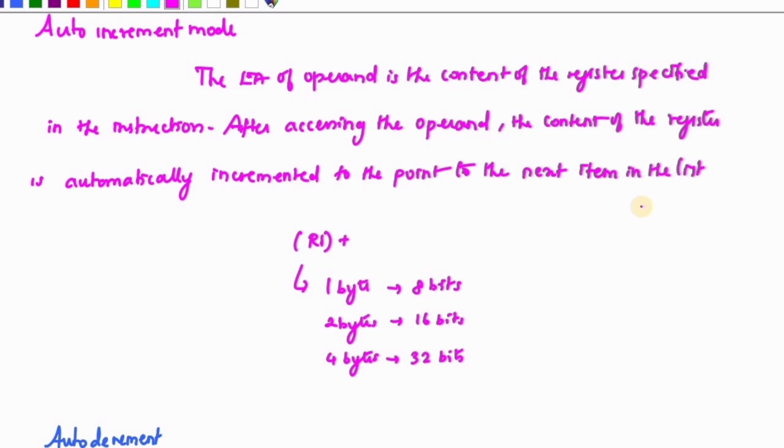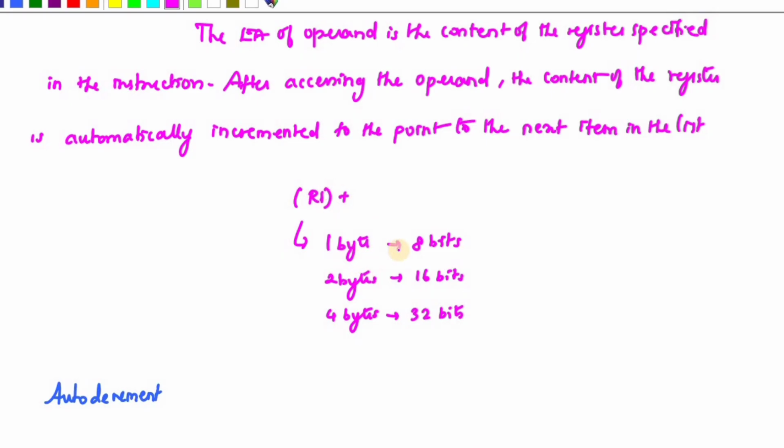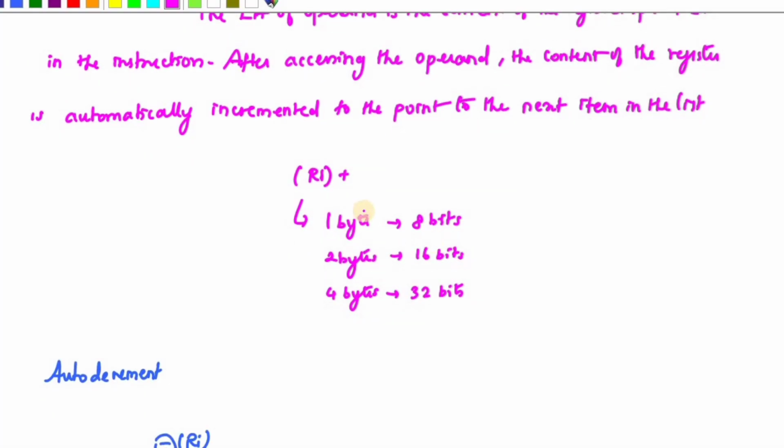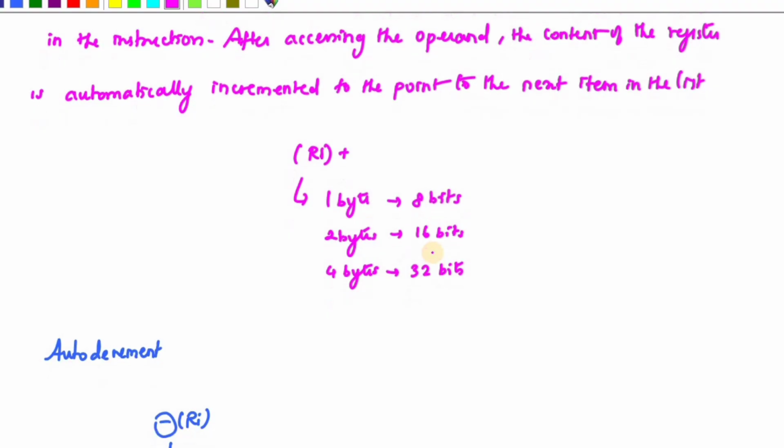For example, Ri of Ri plus. This Ri is nothing but the effective address of the operand, right? After accessing this one, it gets incremented. If it is a 1 byte operand, it will increment by 8 bits.